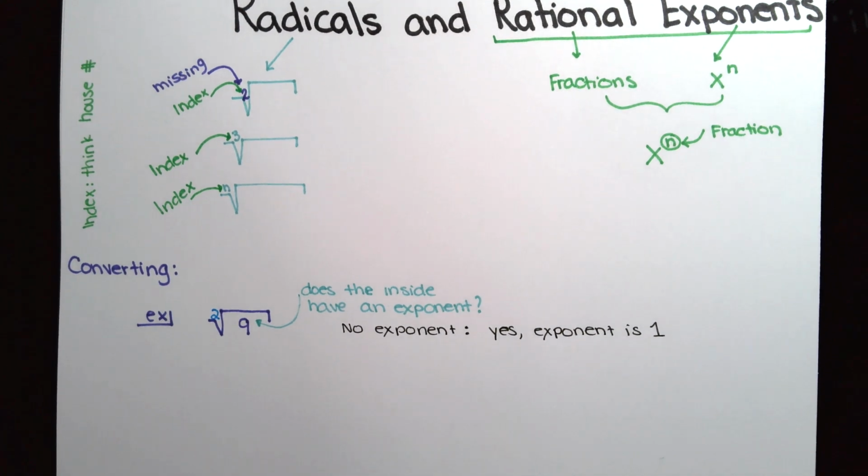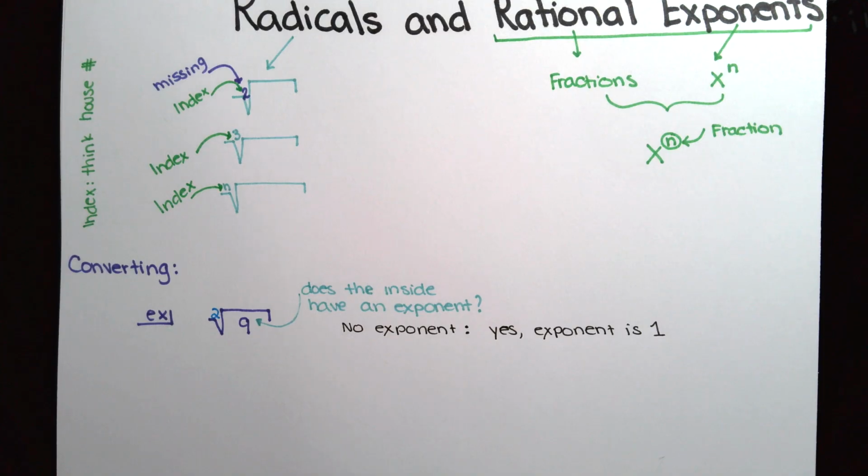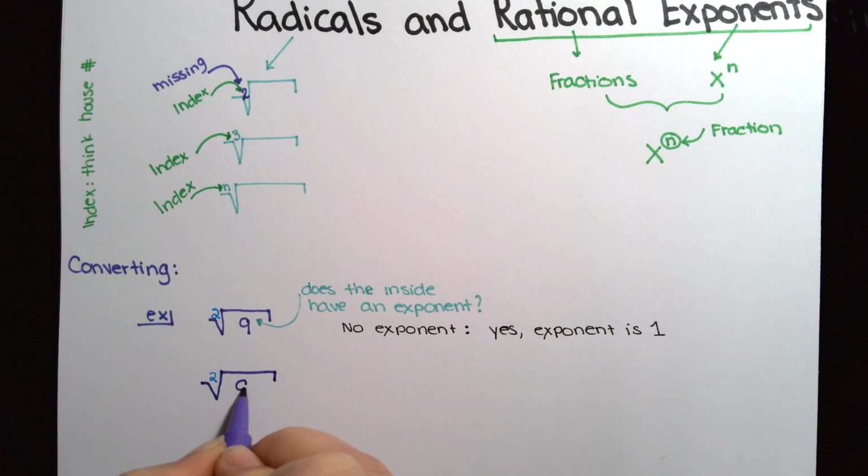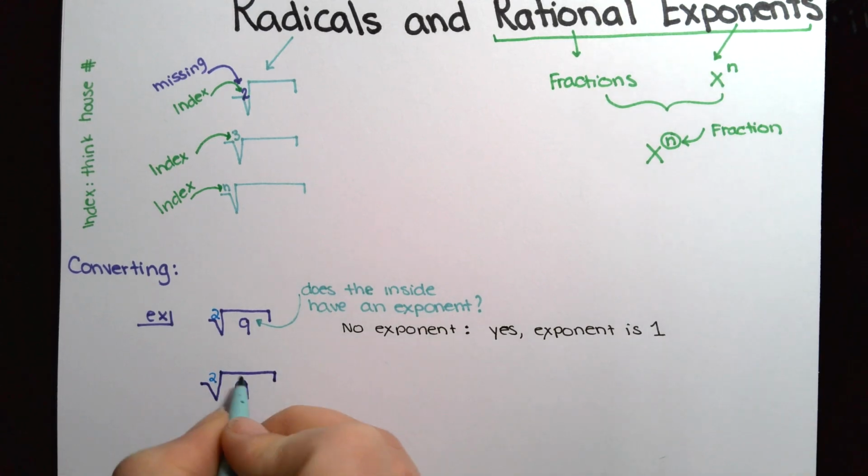If you do not see an exponent, that means that it is 1. So let's go ahead and rewrite this one more time. We have an index of 2 as part of our square root. Again, that is a secret 2. You won't see it. We do, yes, have an exponent of 1.